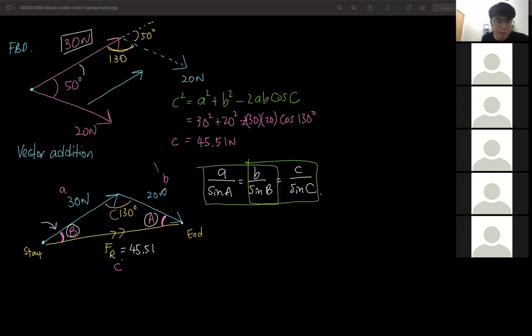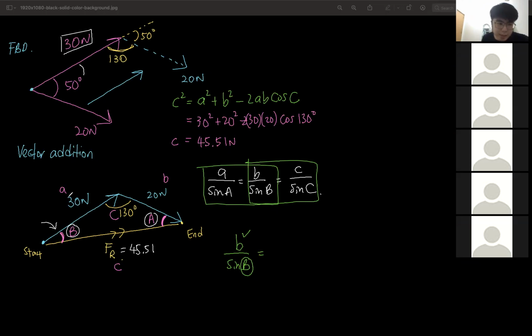你只需要选2个罢了, 你不用用3个的 A B C. 比如说你选 A B 或者 B C 或者 A C. 那怎样知道要选哪一个? 你先看你要找哪一个 angle. 你要找的是这个 B. 小 b 是20, 所以我要用 b over sin B. 这个是我要找的, 另外那个一定要是我知道的 value, 不然你就多一个 unknown 了. 我可以选 A 吗?